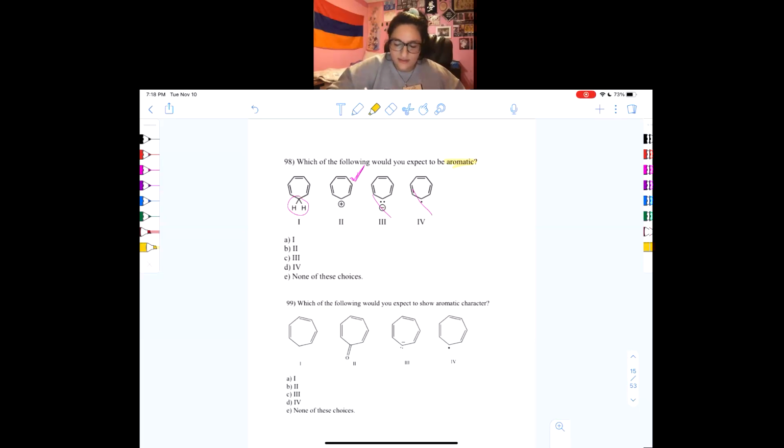So the correct answer is B. The next one is also asking for aromatic. Again, sp3, so it cannot be. This one we're going to treat as a cation, anion, and radical, and it's essentially the same exact one as 98. And the answer will again be number 2.